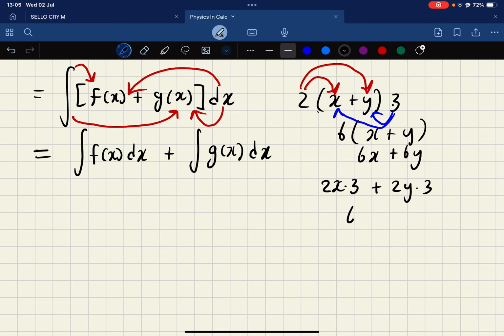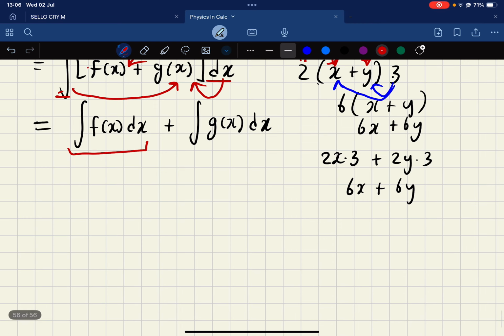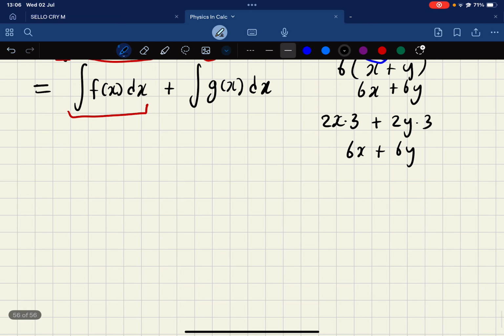Eventually you will get 6x plus 6y. Do you see how we came here? It is because we took this thing here and this one. From the beginning we could take this one and multiply by this one, then take that as a whole and multiply in the bracket. Understand? I think now you are getting the point.